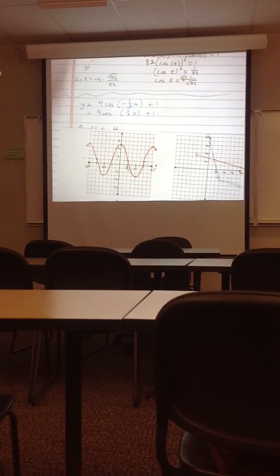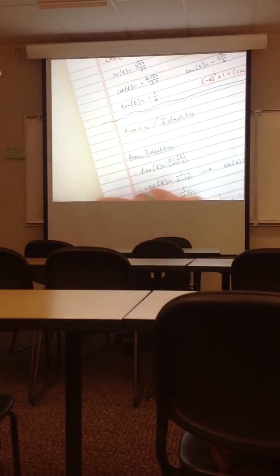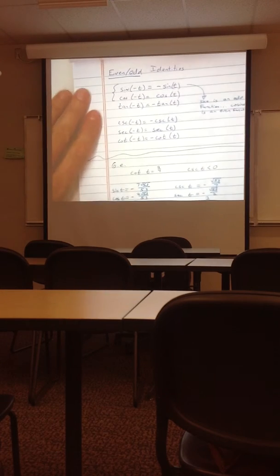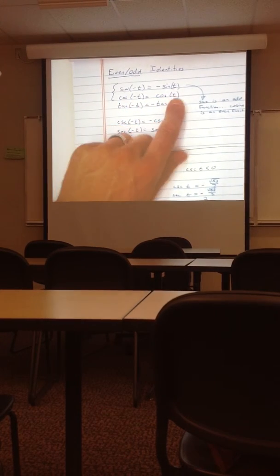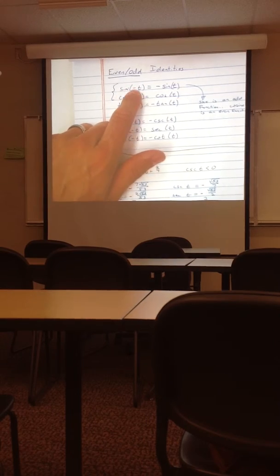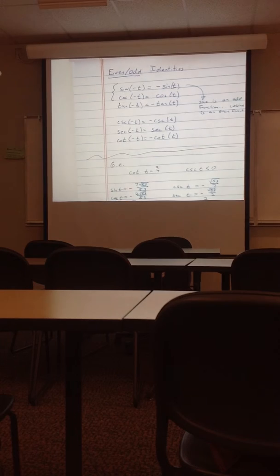Cosine of negative something is the same as cosine of the positive. Negative on the inside of sine, though, is going to change the A value. Do we need to show that we're factoring out the negative and then dropping it?